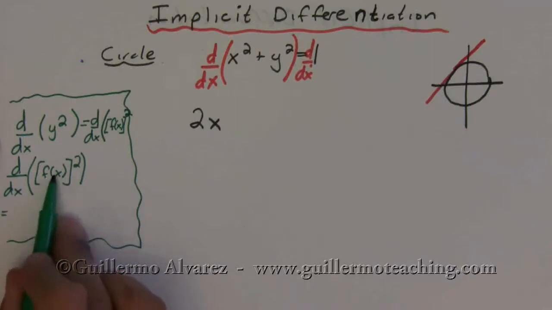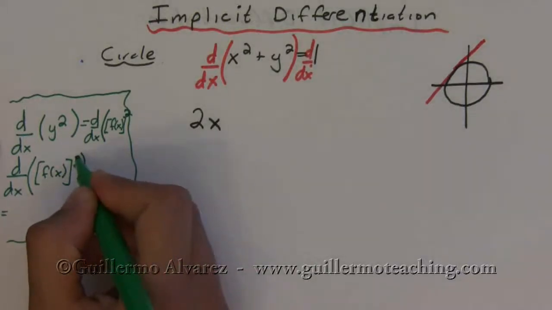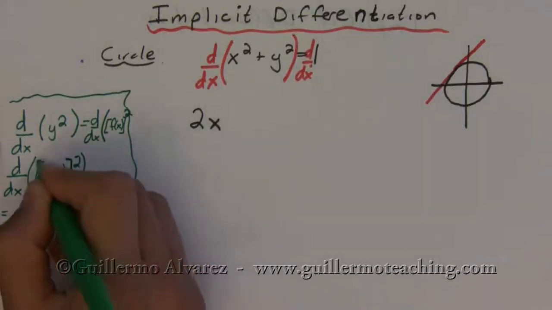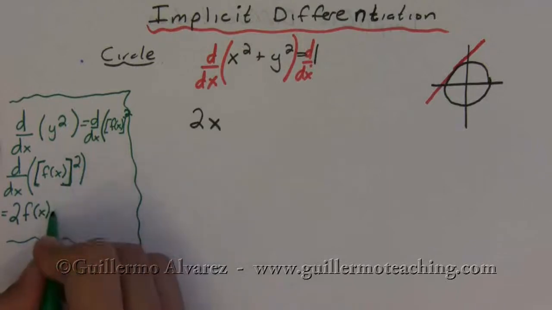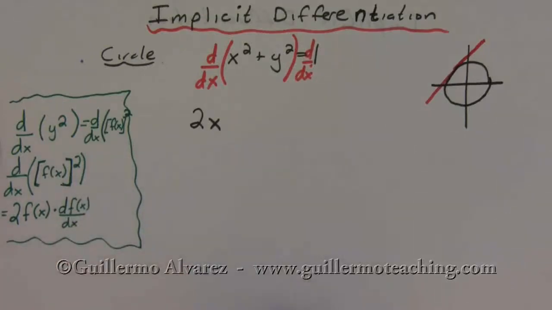right? Because we have a function being squared, so the chain rule says, get the derivative of the outside function, which is this function f that's being squared, so this would be 2 times f of x times the derivative of f of x with respect to x.